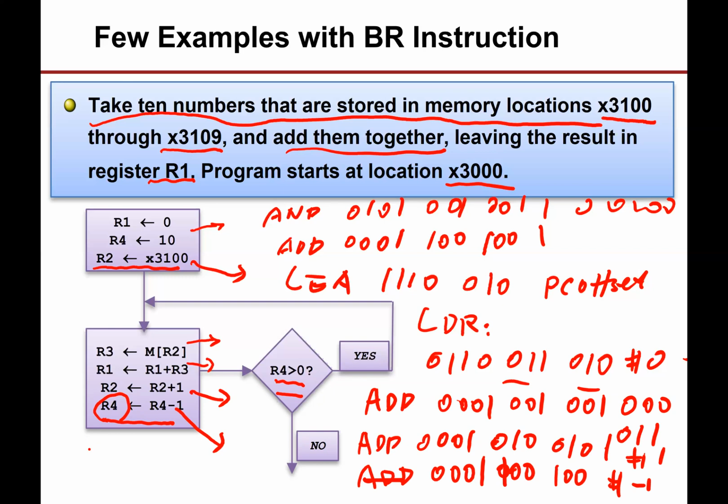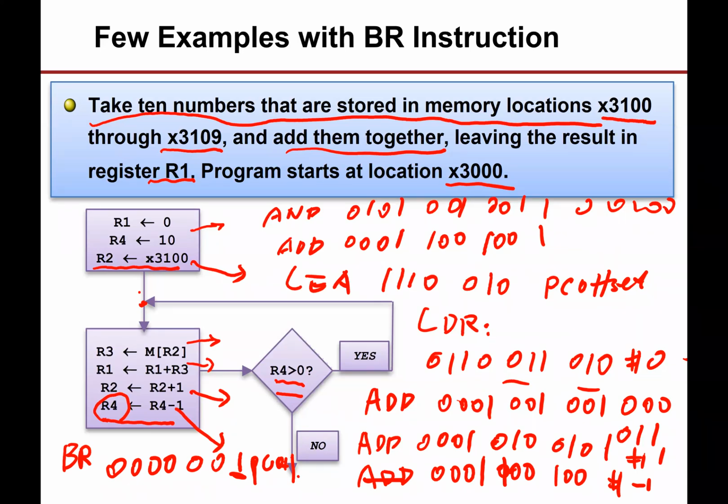Okay, so this is a branch, right? The branch here is 0, 0, 0, 0, and it is positive, NZP, N and Z are 0, P is 1. So this is the 1, and then the PC offset. If this condition is correct, where will it go? It will go to here, right?